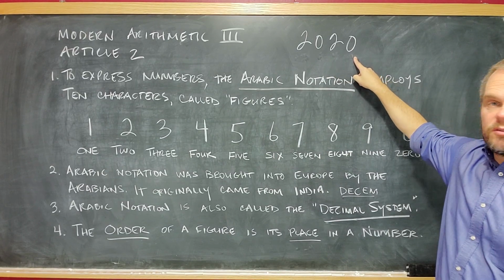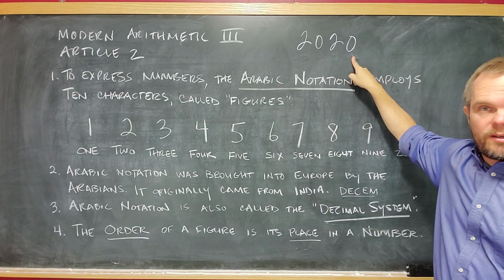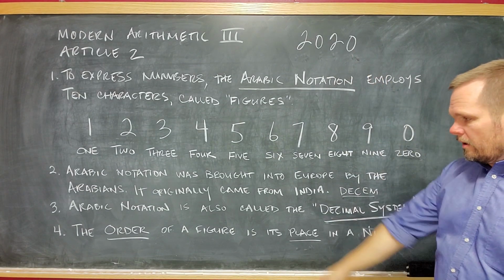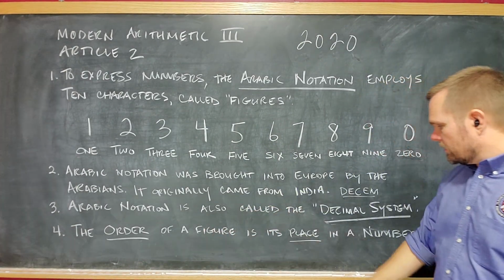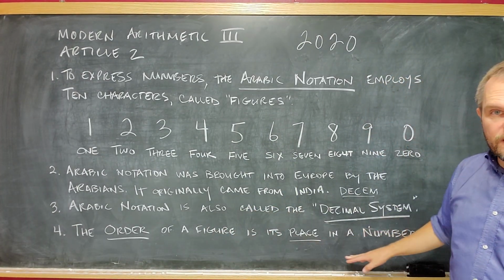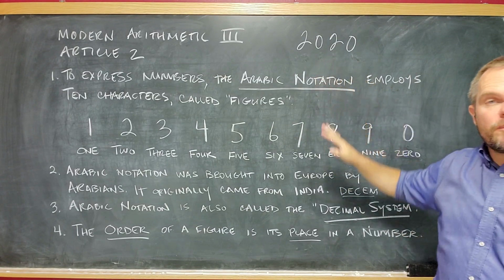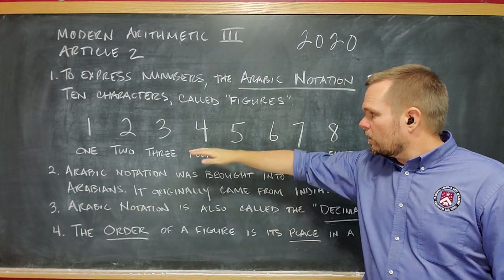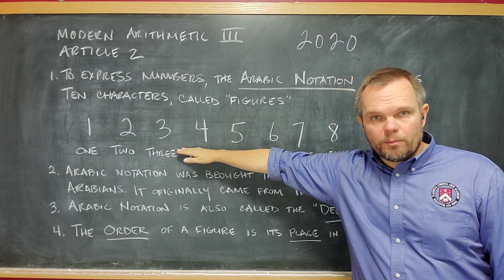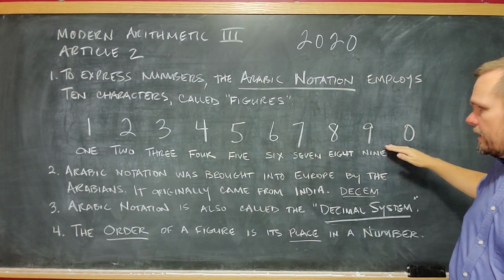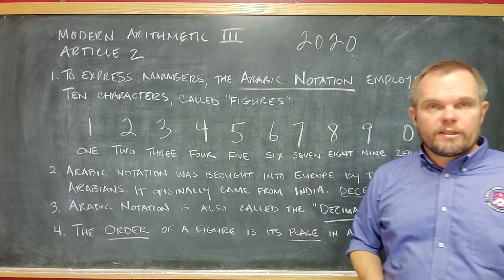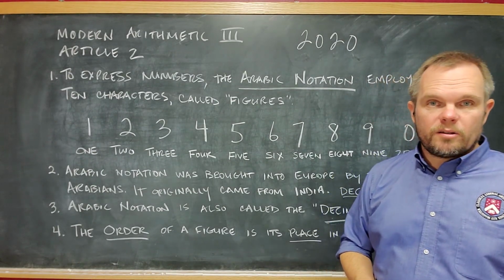And this figure 0 is in the first place, or the first order. The order of a figure is its place in a number. So starting in our next lesson, we're going to begin to learn how we can express any number using just these 10 figures in Arabic notation.